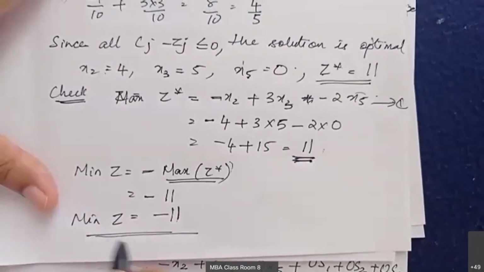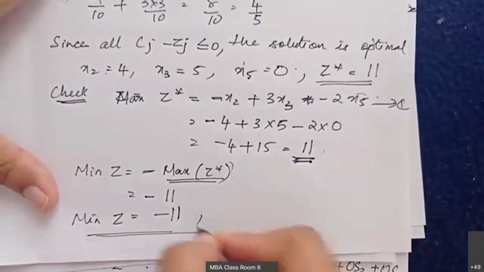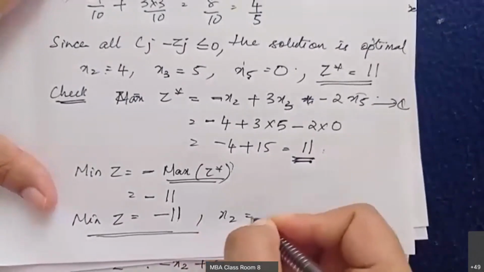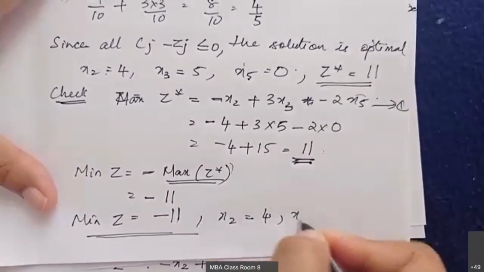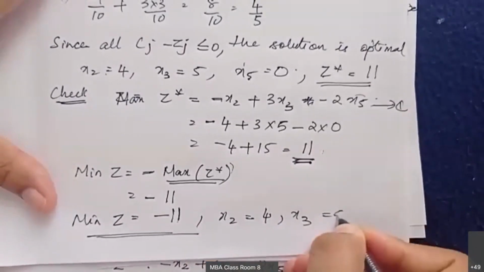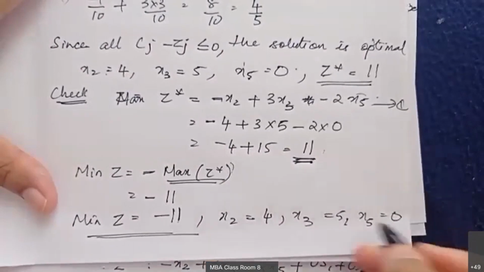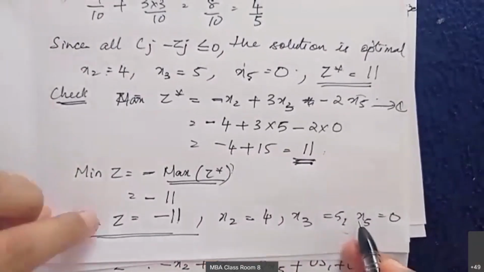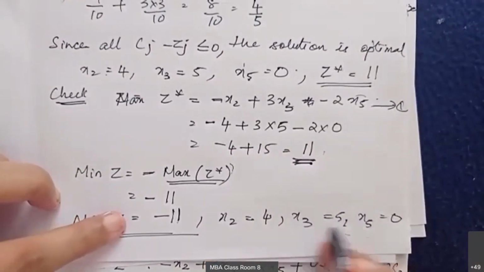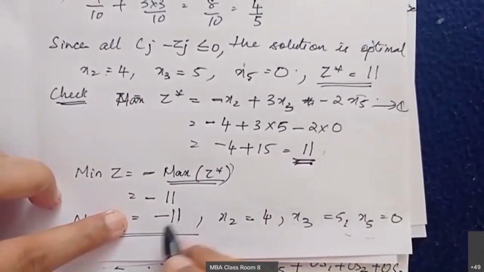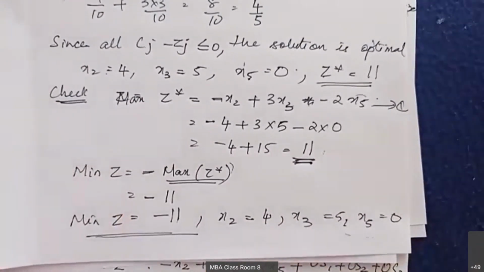Is it clear? Minimization Z is equal to minus 11, x2 is going to be 4, x3 is going to be 5 and x5 is going to be 0. All these values will remain the same. Only for the minimization Z value, you need to put that negative sign back. Okay, so this is going to be the solution.